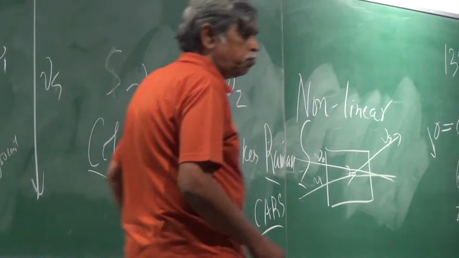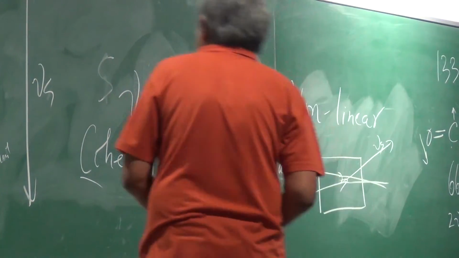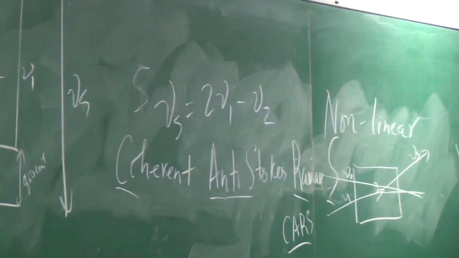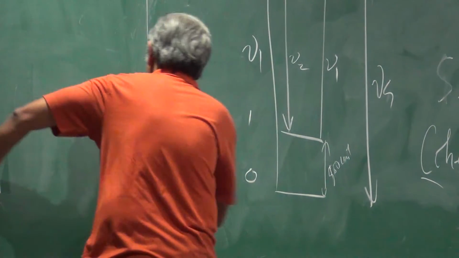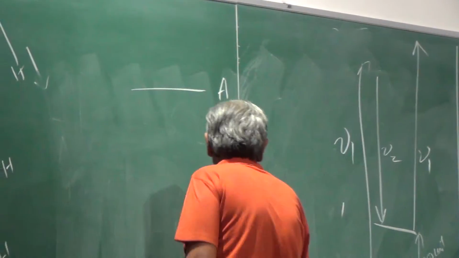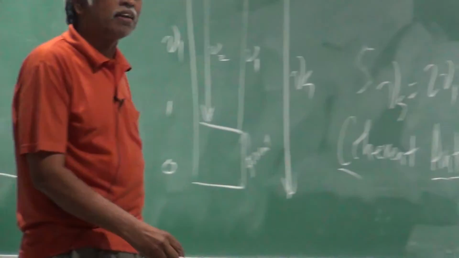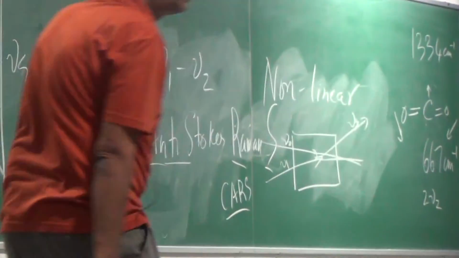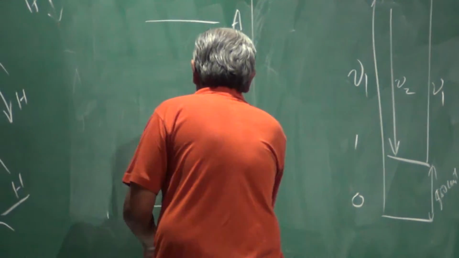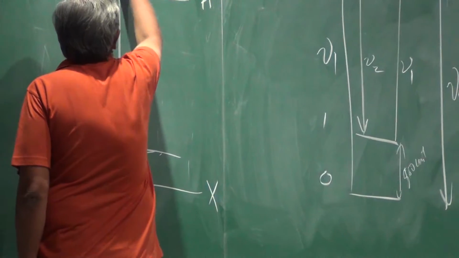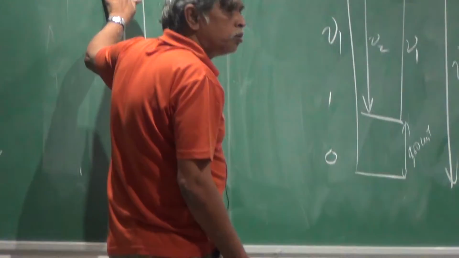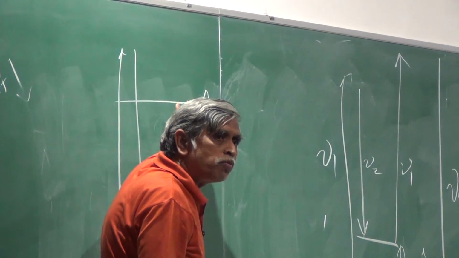Before we leave this, let me look at another process. Let's say this electronic state is a non-electronic state that we call X. And if I want to do Raman spectra by going from, let us say, here to here, don't worry about why I put the state so far.